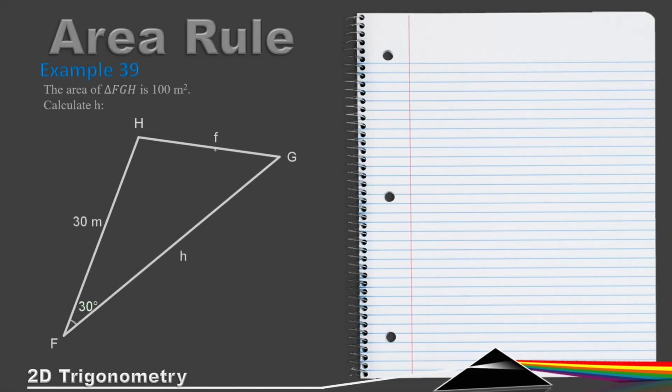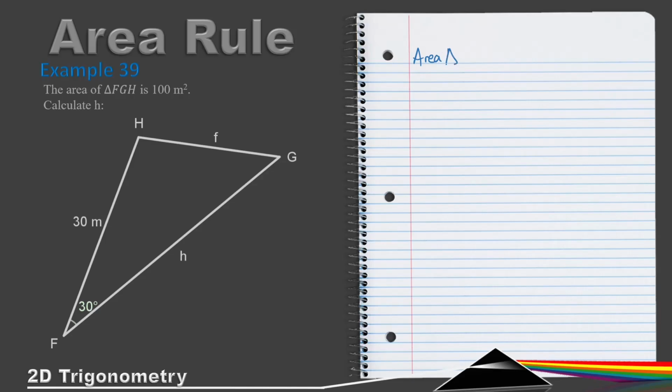Now in this next example, they say that the area of this triangle is 100 meters squared. Calculate h. Here we are actually given the area, but we have to find one of the sides. The first thing we do is write down the formula.